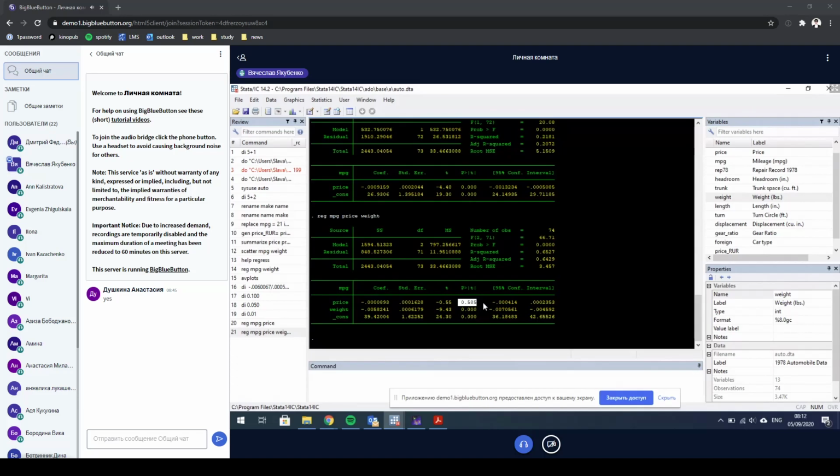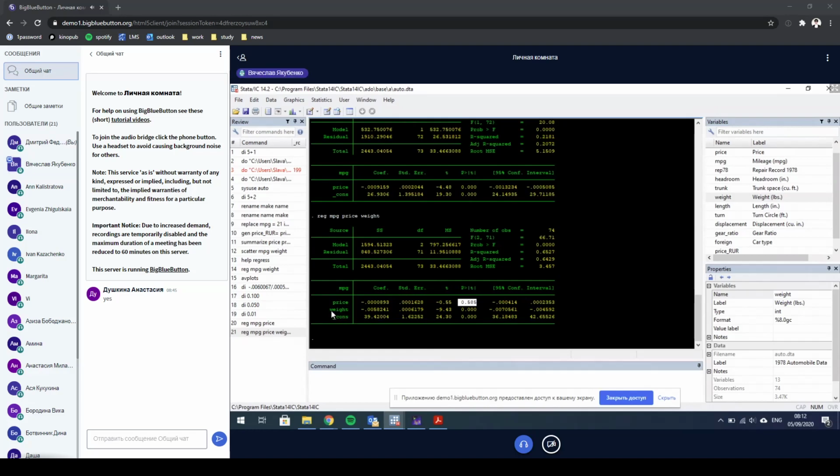So we're quite likely to be wrong by saying that there is some relationship between price and miles per gallon. So this is not a relationship that we would call statistically significant.